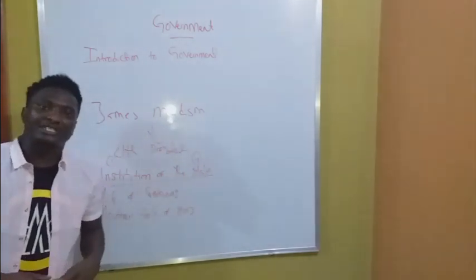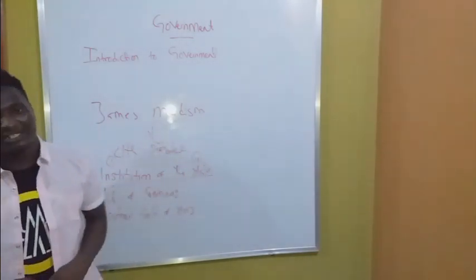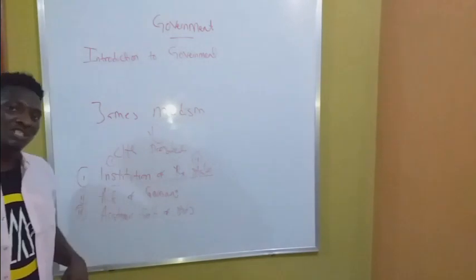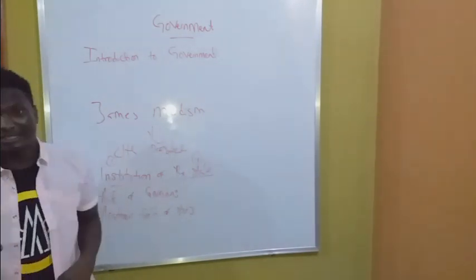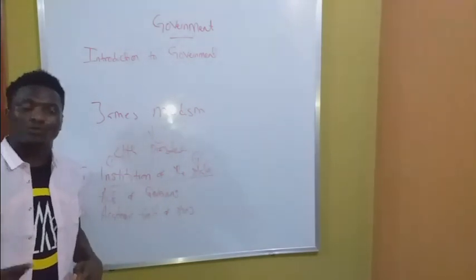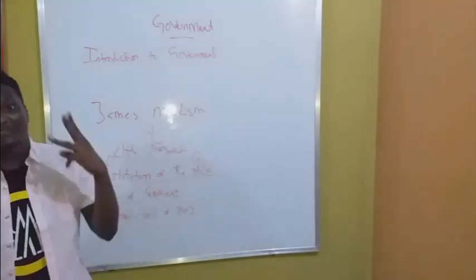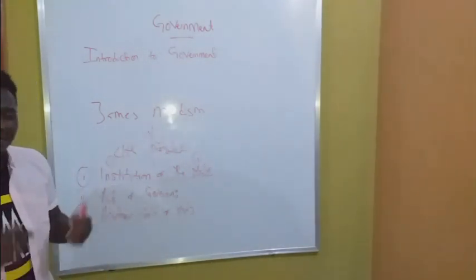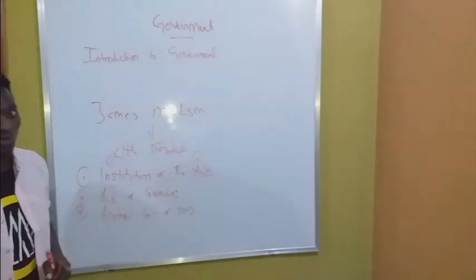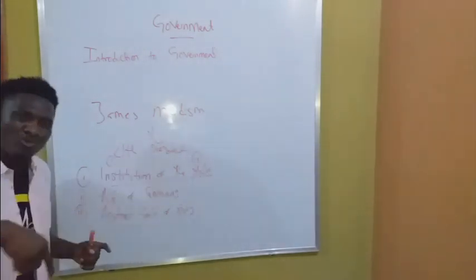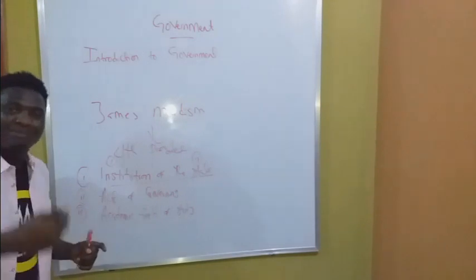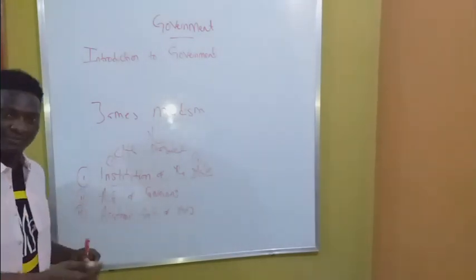Because according to the Peace Treaty of Westphalia that was signed in the year 1648, which gave birth to the concept of the modern state, it was agreed that for any political entity to qualify to be a state, it must have three elements. Number one, it must have the people element. Remember I told you earlier that the moment people started living together, it became important for government to exist.